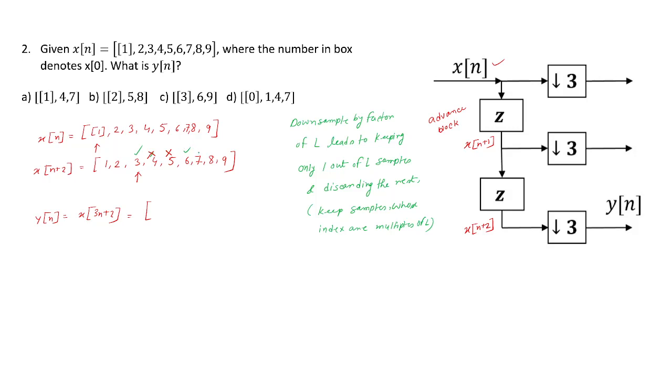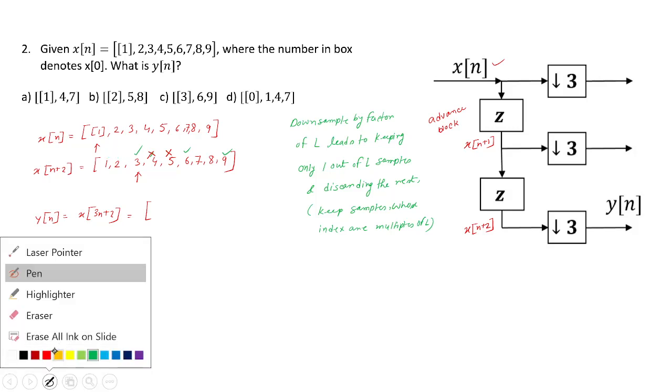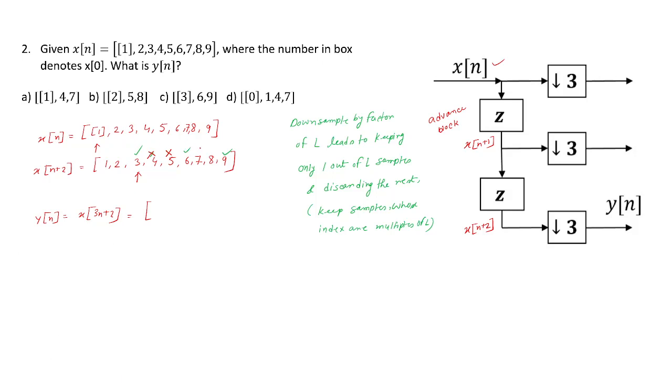You again ignore 7 and 8 because this corresponds to fourth and fifth index, which are not multiples of 3. You pick 9, this is the sixth index, and you ignore the samples at index -1 and -2, which are again not multiples of 3. So we are going to ignore this.